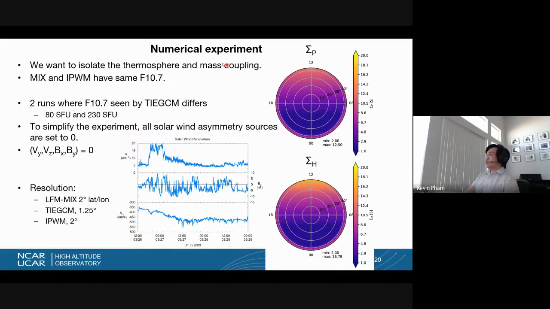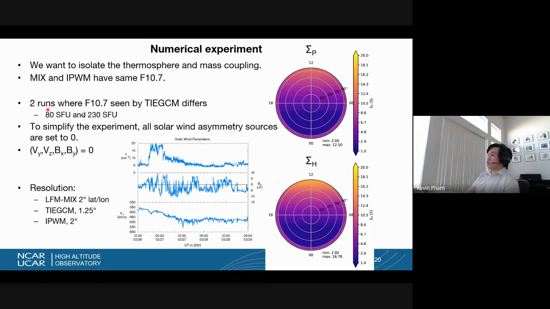The way we close that coupling pathway is by setting the F10.7, or the conductance in MIX, to be the same for two different runs. IPWM receives the same F10.7. F10.7, in solar flux units, is used for both the solar ionization rate, or the amount of photoionization, in IPWM, in addition to the conductance.